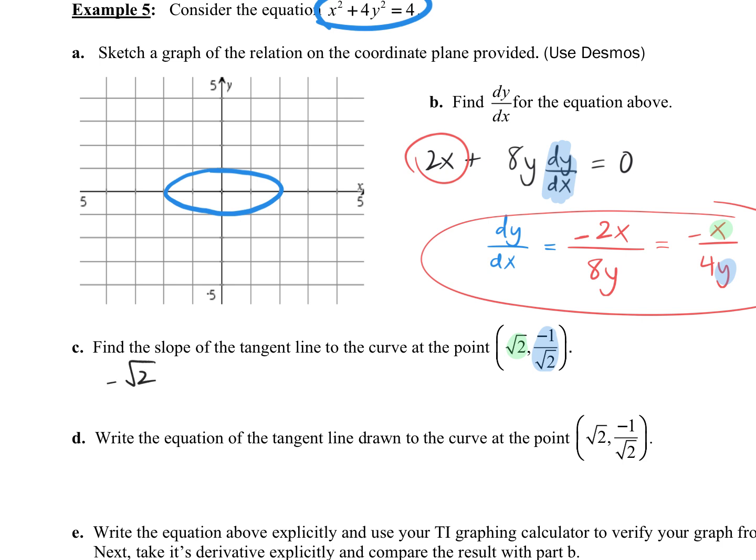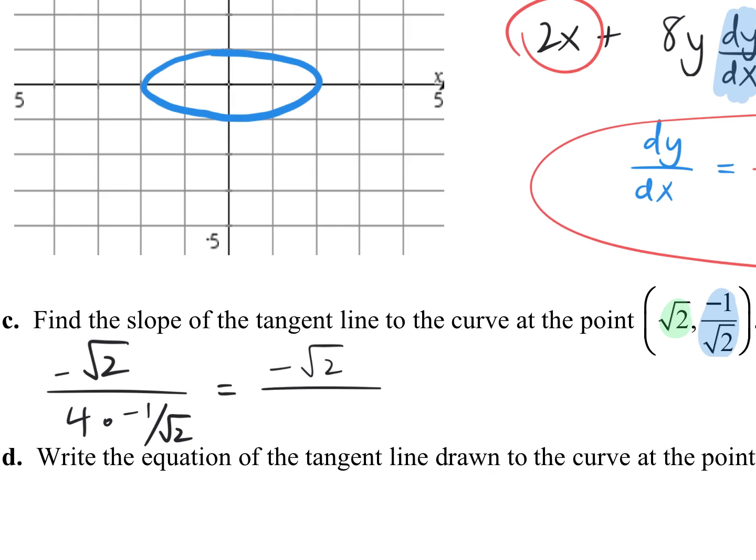So negative square root of 2 divided by 4 times negative 1 over the square root of 2. It's the same thing as negative square root of 2 over negative 4 over the square root of 2. If I got a fraction and a fraction, I can multiply by the reciprocal.